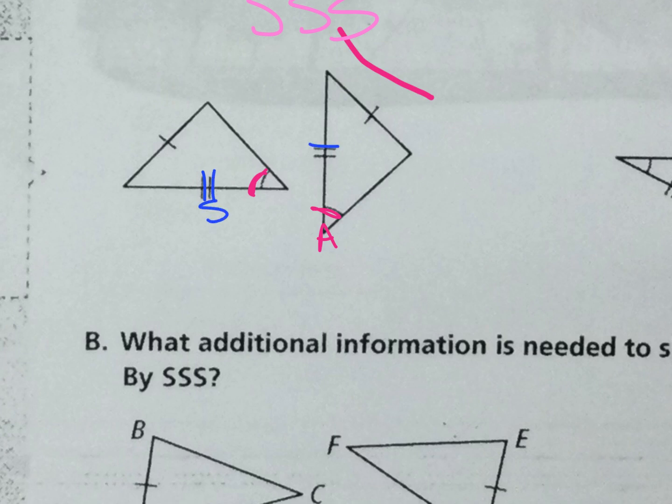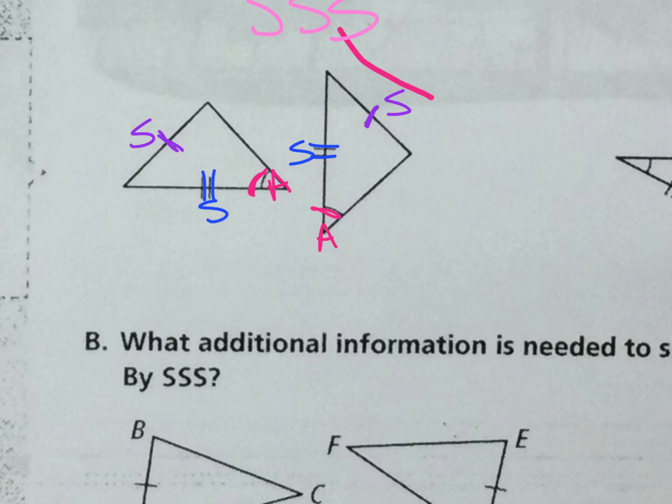I have a side. And I have a side. Now, is that in the right order? No, it's not, because this is angle, side, side. Okay, and we'll talk about more of that in class.